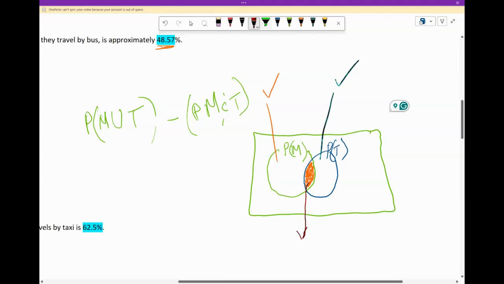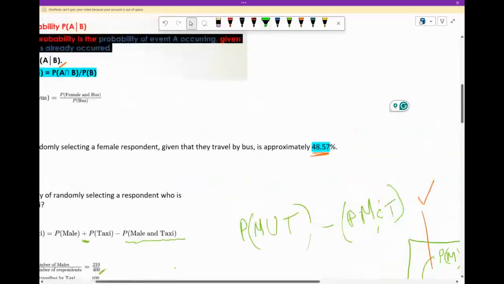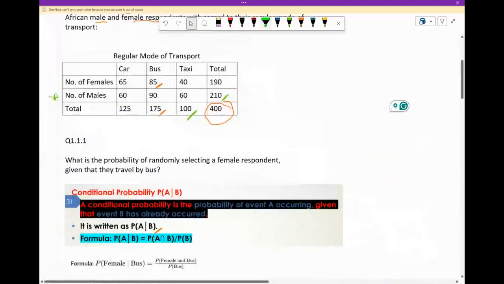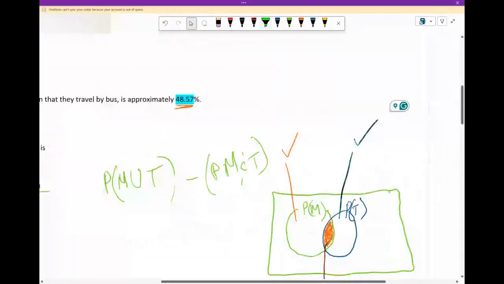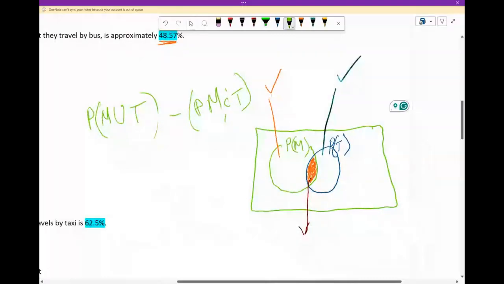Because let's say here we're saying, I see your hand, I'll be with you now. If we go back to our graph, we're saying the total number of males is 210, isn't it? So there's 210 people that we might select who are male.